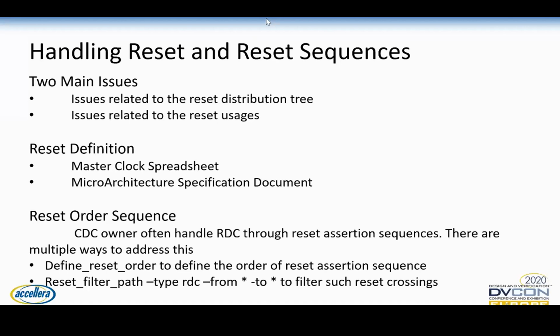For example, now we are only left with thousands of violations. That's it. Earlier we started with millions, right? So now we just have to further define the reset sequences and assertion orders, and that helps in reducing the RDC paths. And only from that information, it is very easy to sign off our CDC for RDC analysis, right?